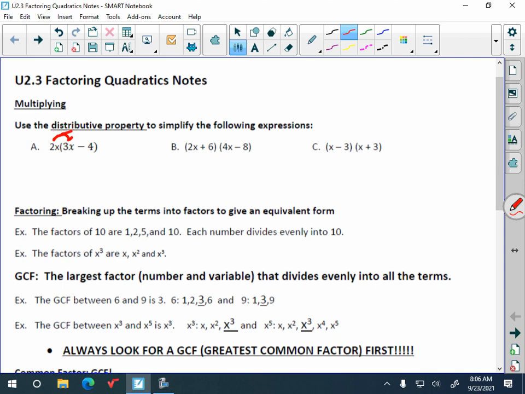So remember, when you distribute, make sure it gets multiplied to everything. 6x squared minus 8x.